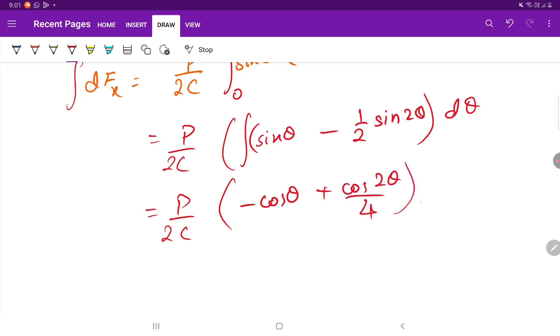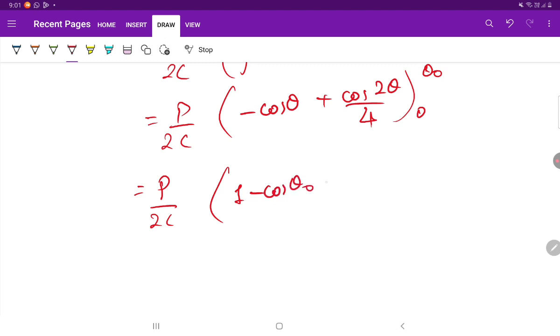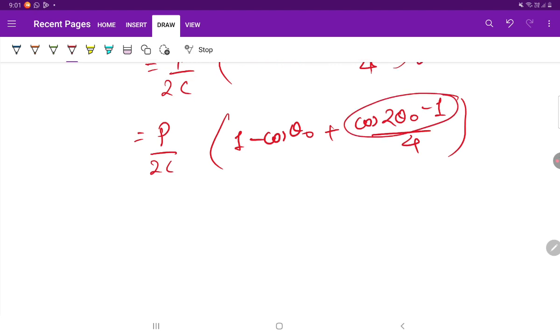Now you have to evaluate it from 0 to theta naught. Finally, we will end up with 1 minus cos theta naught plus (cos 2 theta naught minus 1) by 4. We can write this expression as minus 2 sin squared theta naught, right?